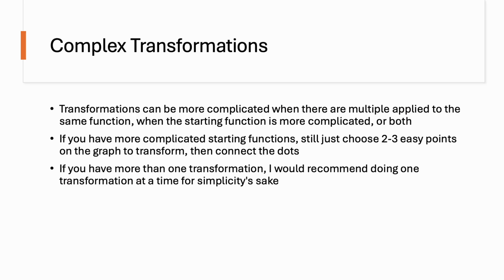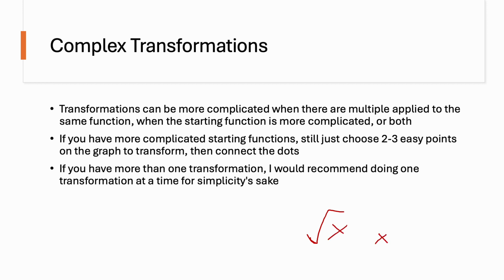All right, so what if we have more complicated transformations? They can be more complicated if there's multiple transformations on the same function, like what we saw with that last one, or if we have the same transformations but it's a more complicated function, right? So if it's like, let's say, square root of x, that's a more complicated function.